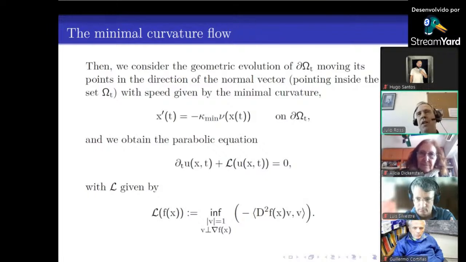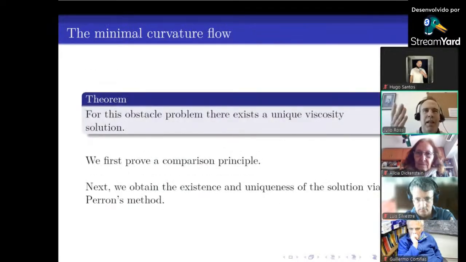The only thing that you have to take into account is that this infimum is a little more degenerate than the mean curvature. So instead of a sum, you have an infimum that creates a little difficulty, but it can be done. So this first theorem, that you have existence and uniqueness of a viscosity solution to your obstacle problem, is not a big surprise.